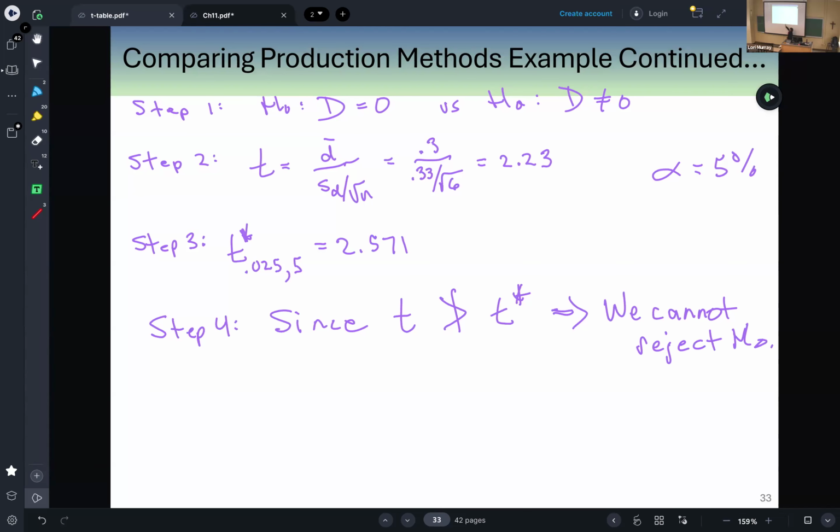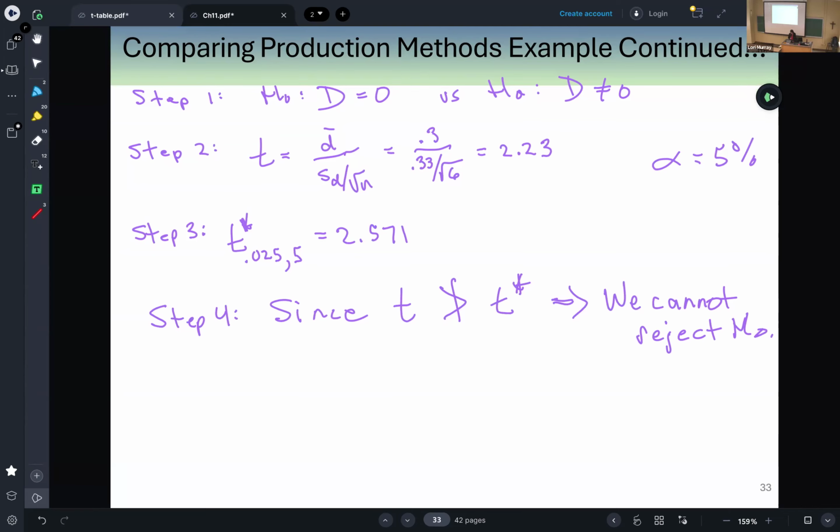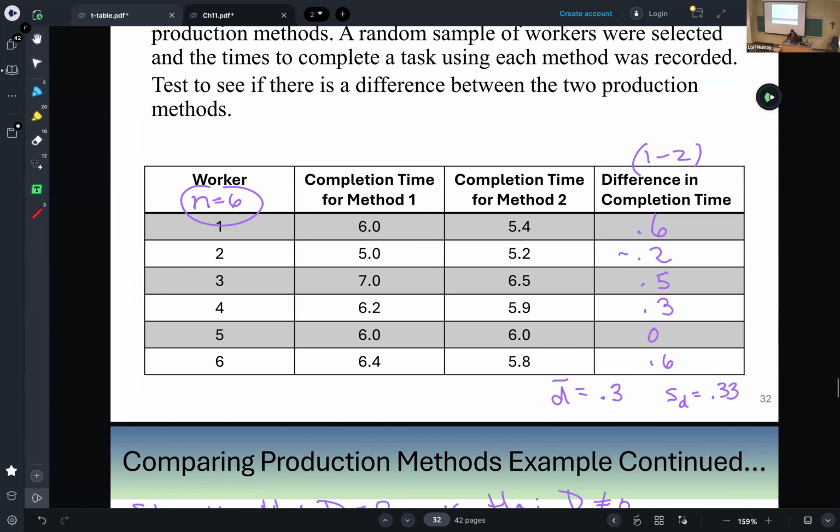We can only reject it when our observed T is greater, just like we've been doing. So if it's not greater, then we cannot reject. The test is not statistically significant at the 5% level. And we conclude that there's no difference in the production speeds. Always go back to the context of the original data: there's no difference between the two production methods.